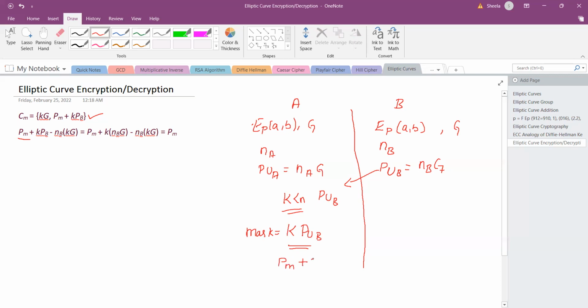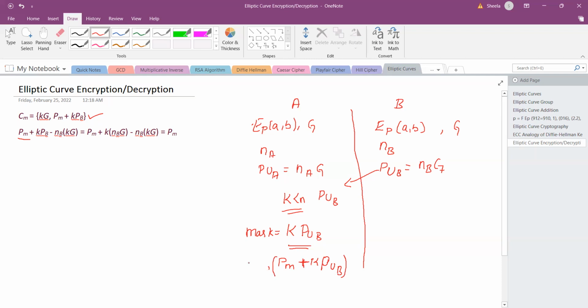So plain text plus the mask K PUB will mask the plain text. Since user B does not know what the mask is, he needs a clue to find out the mask.